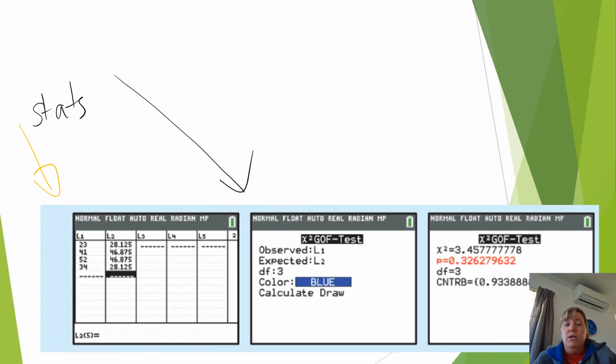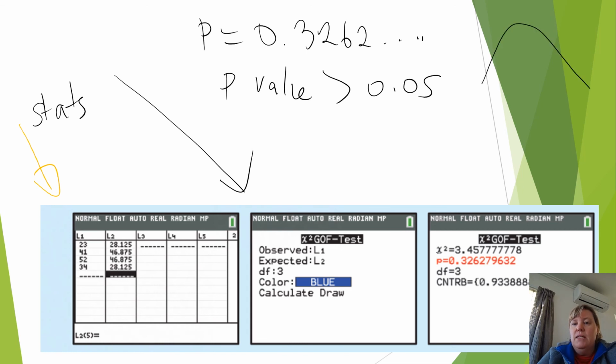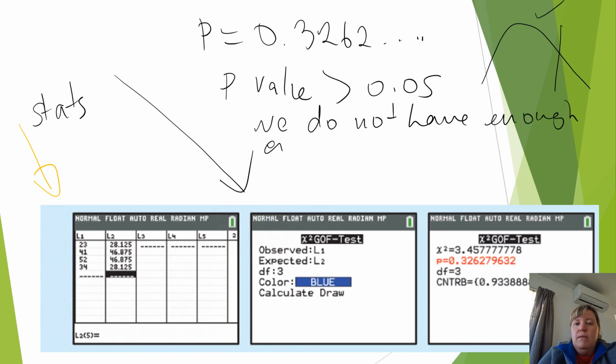Okay, so we ran that through. Let's have a look at this. We've got a chi-squared critical value, and you have a p-value of 0.3262. Now, since the p-value is larger than 0.05, that means we do not have enough evidence to reject the null hypothesis.